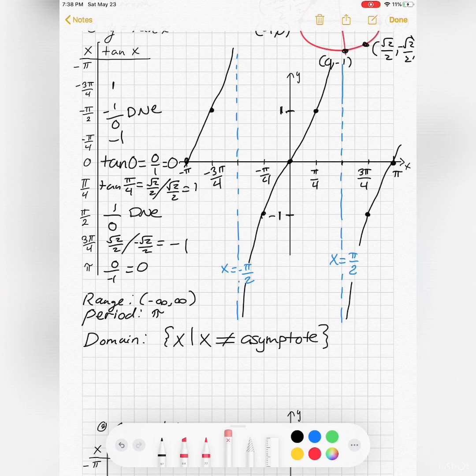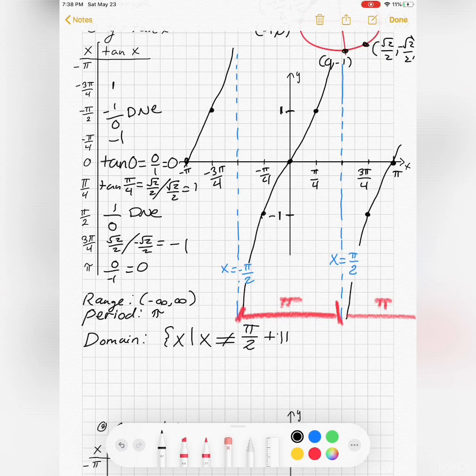So here's what I can do. I could say, let me pick one of the asymptotes, say pi over 2. Then if I'm at pi over 2, how far do I have to travel before I hit another asymptote? Each time I travel a distance of pi, I'm going to encounter another asymptote.